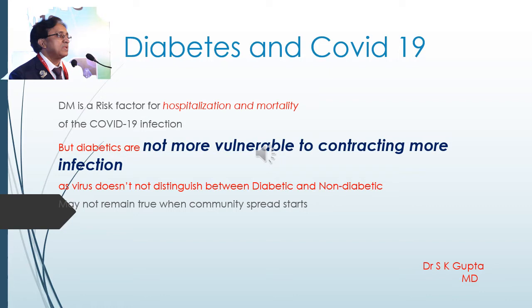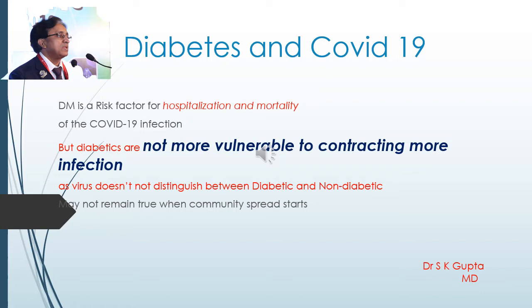But you must be surprised to know that diabetics are not much more vulnerable to develop corona infection, meaning thereby that coronavirus cannot distinguish a person if he is diabetic or not.